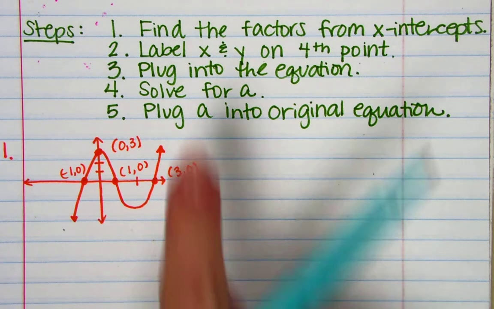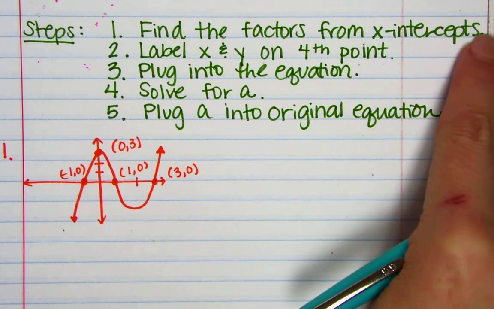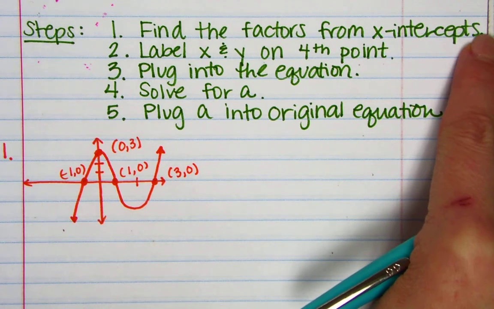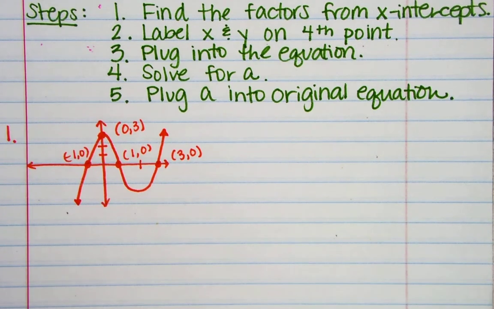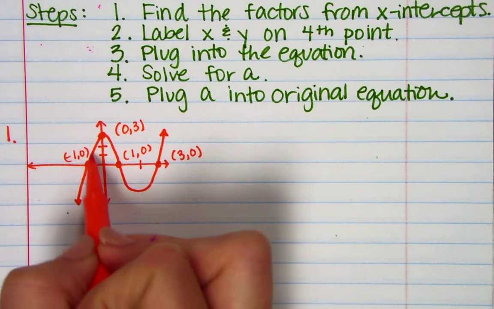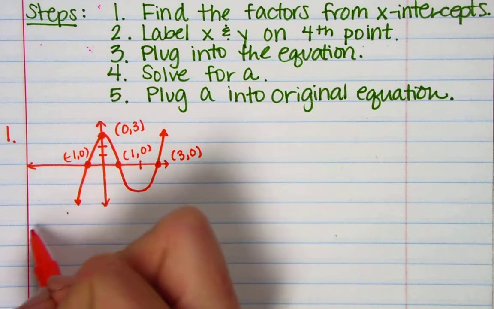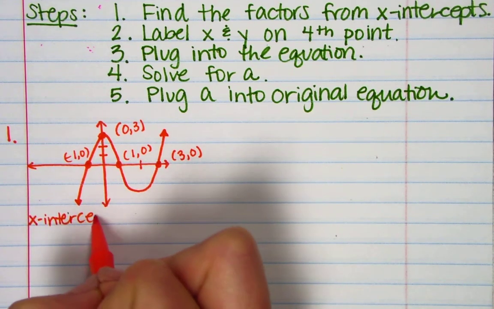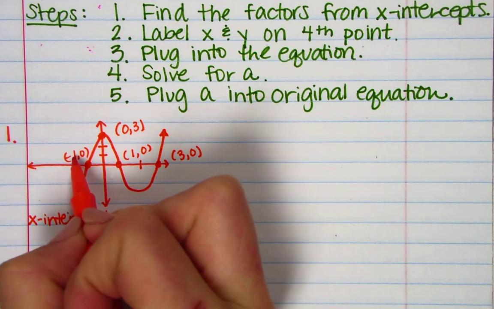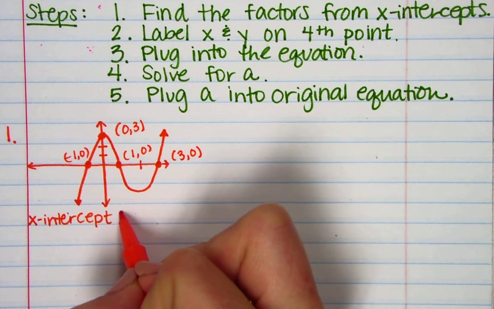Okay, first thing it says is find the factors from the x-intercepts. So if you remember, when we were factoring to find the x-intercepts, I'm just going to use this one as an example. This x-intercept is x equals -1.